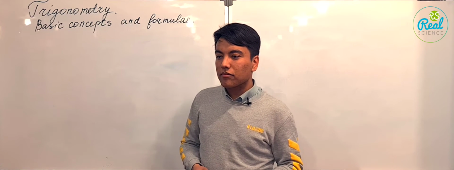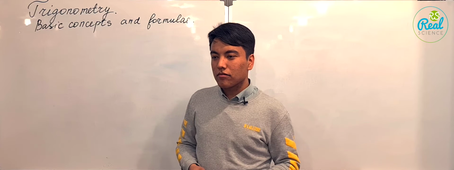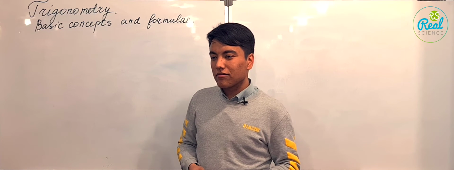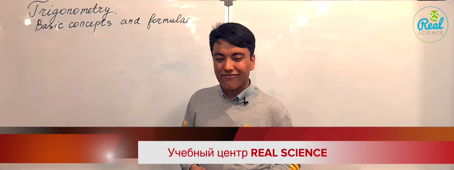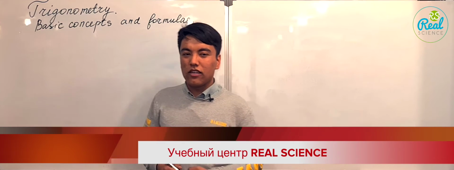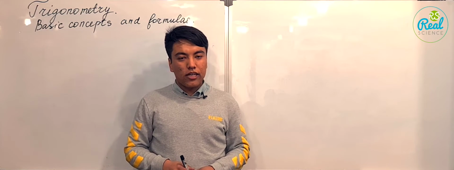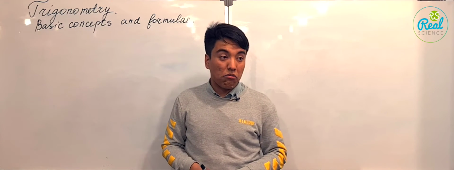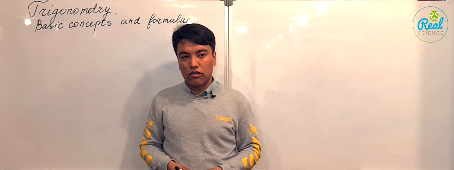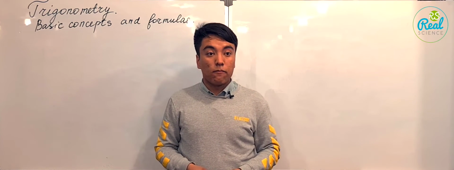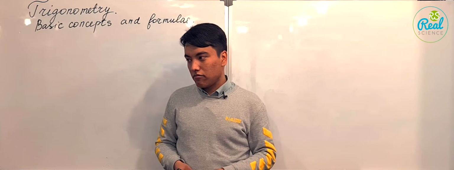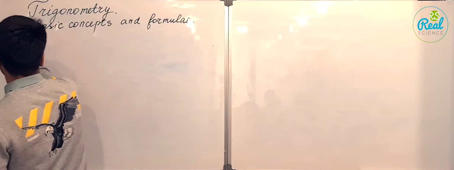Trigo is like three, and not trio, trigonometry is triangle, right? Yeah, solving of triangle or measuring triangle, yeah? Trigono, it's actually three angles, and metrio, this is measurement. Trigonometry, measurement of triangle, or solving a triangle.